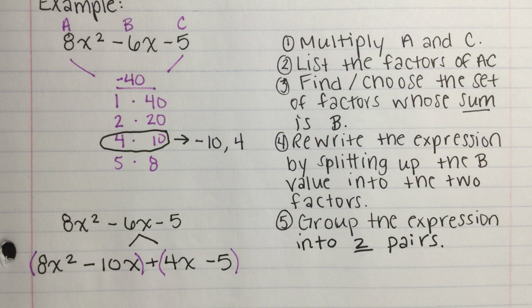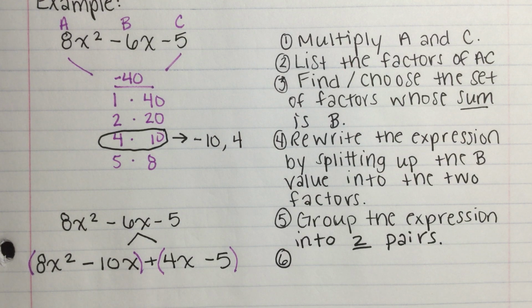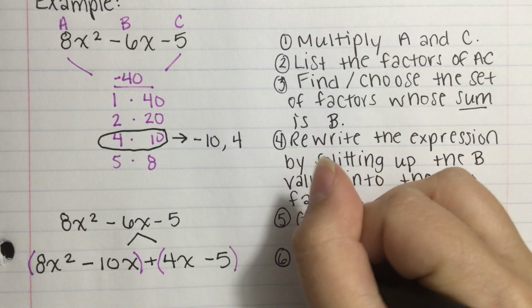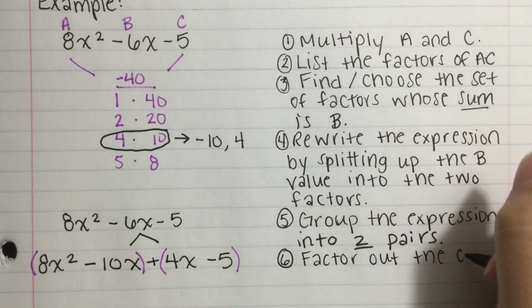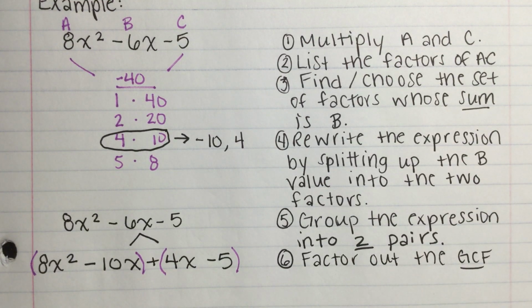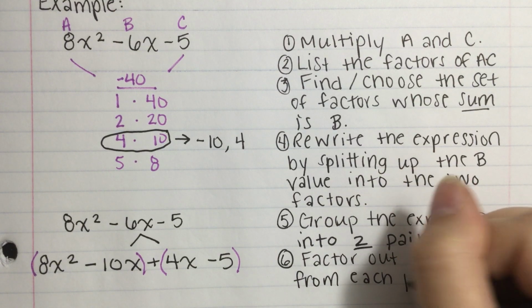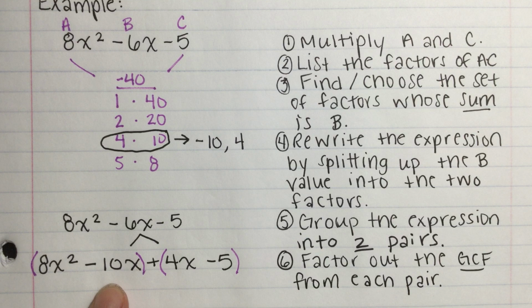Once I do that, that's where the factoring comes in. So if you watch my previous video on finding the GCF, that's a little bit what we're doing. So I'm going to factor out the GCF from each pair. So if I look at 8x squared and 10x, they both have the number 2 in common, and they also both have an x in common.